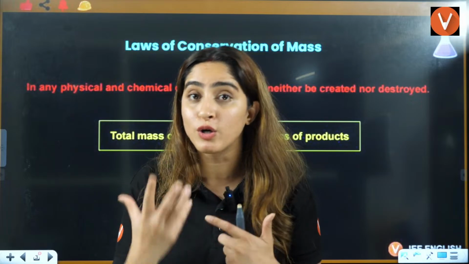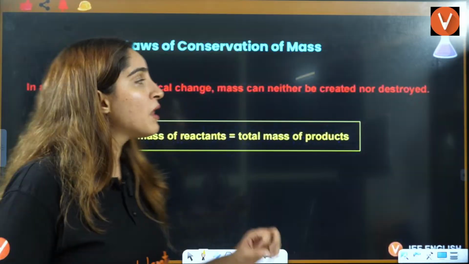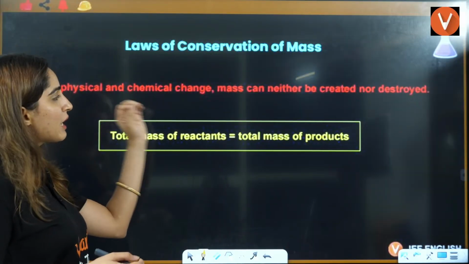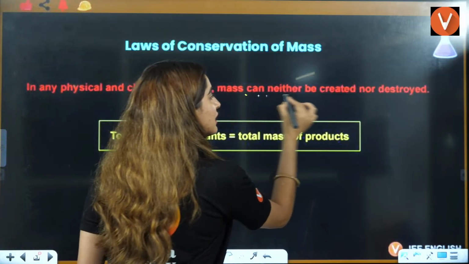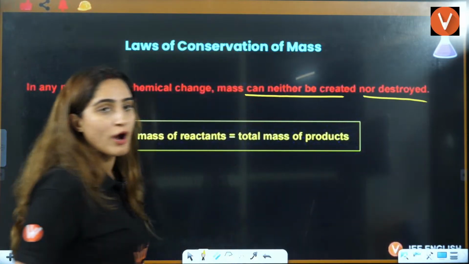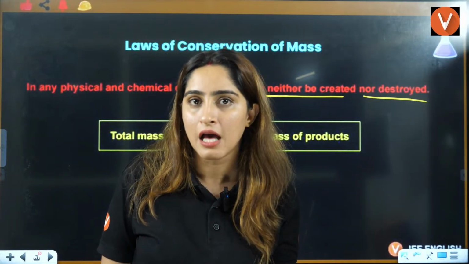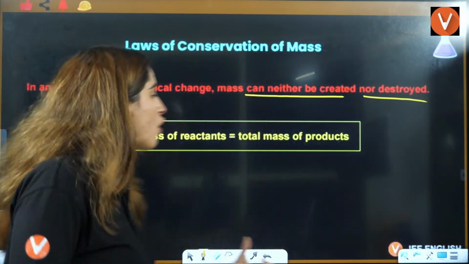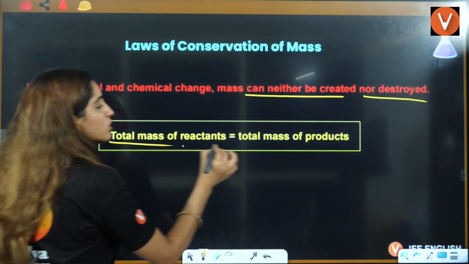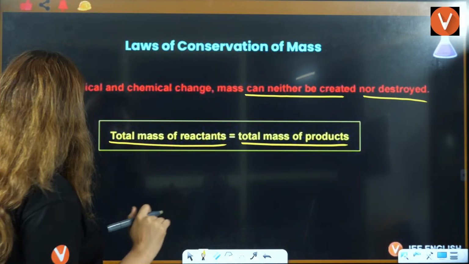This is what we mean by conservation of mass. In any physical or chemical change, mass can neither be created nor destroyed. It can only change from one state to another, it can only change its arrangement. That means the mass of reactants will be equal to the mass of the products. This is what we mean by the law of conservation of mass.